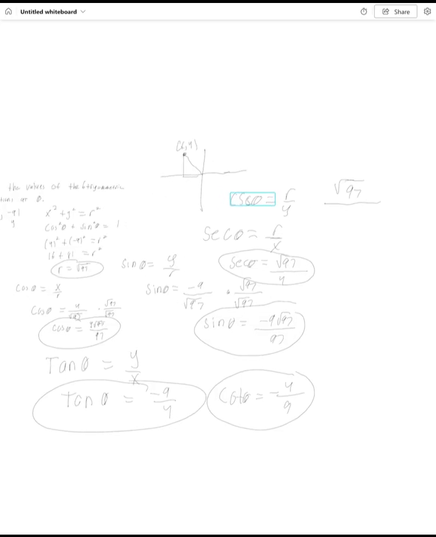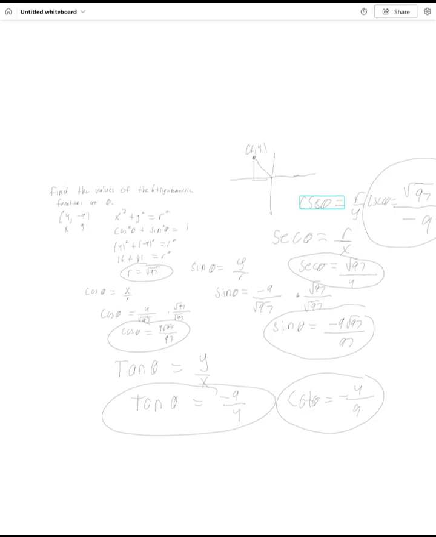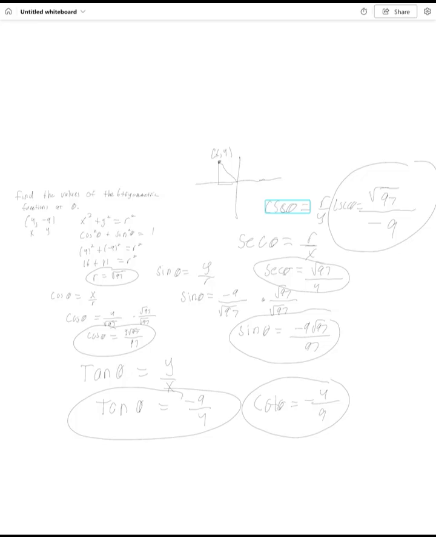So that would be the square root of 97 all over -9. So this is cosecant of theta equals this number. But that's how you do it. That's how you find the values of the 6 trigonometric functions with a given angle theta with the x and y, the terminal point of angle theta. So that's how you do it.